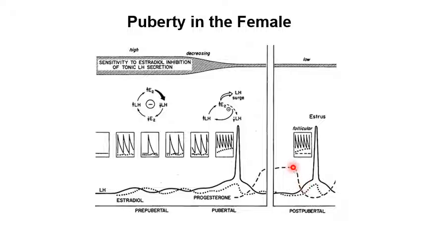When the CL regresses, as you can see here, there is also a decrease in the progesterone. There will be a decrease in the negative feedback on the GnRH surge. That is why you can see here another surge in the GnRH and LH.